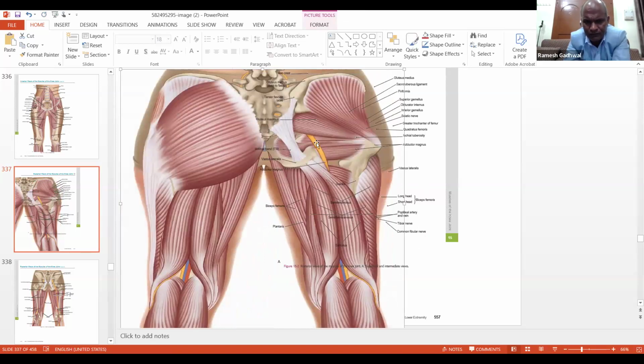This is the sciatic nerve. Then if you see this muscle, this muscle is named piriformis. This is the muscle piriformis.